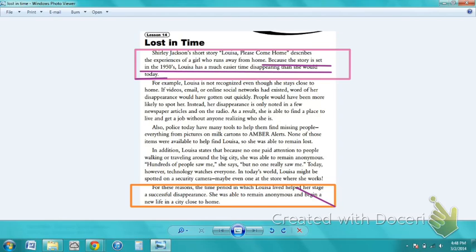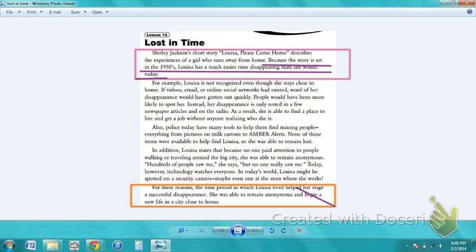So although these are in very different words, they both connect to one another. They are both telling us that because of the time in which she lived, the 1950s, she had a much easier time getting away with running away from home and staying hidden.